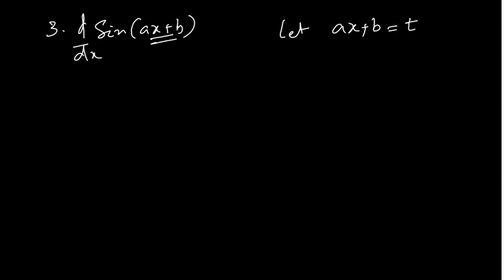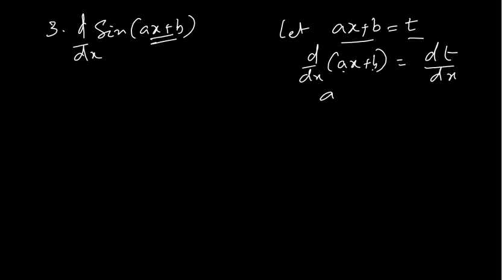Now differentiate both sides. Differentiate this side and differentiate this side. That means differentiation of ax plus b is equal to differentiation of t. This is called differentiating both sides. When I differentiate this, I get a plus 0 on the left side. When I differentiate this, you have dt by dx. So a is equal to dt by dx.